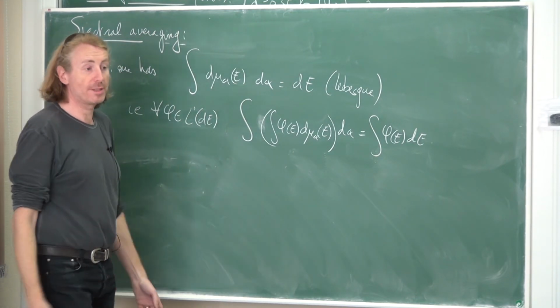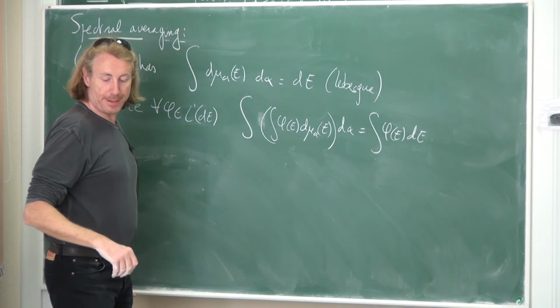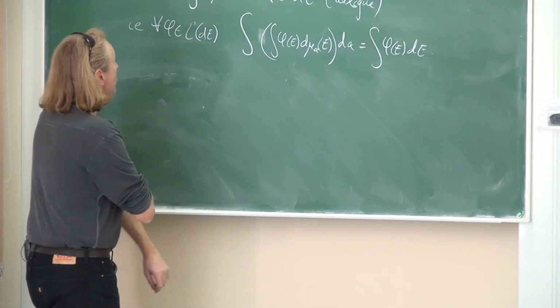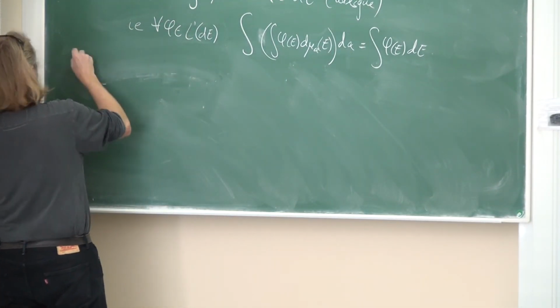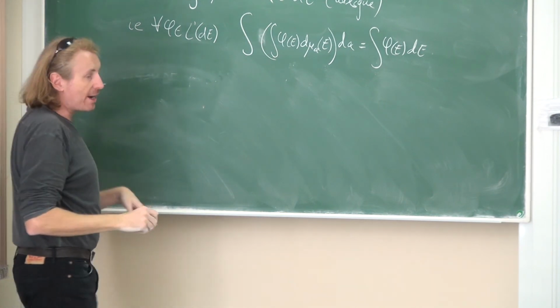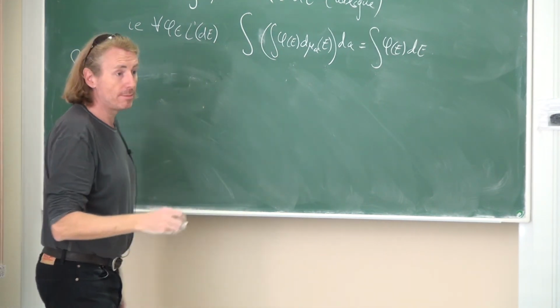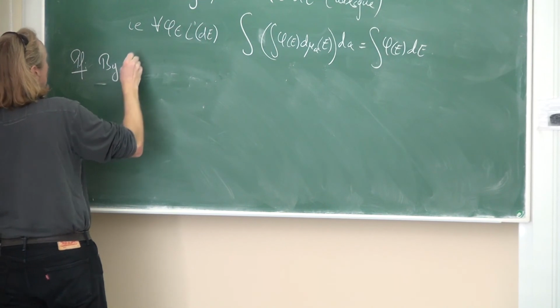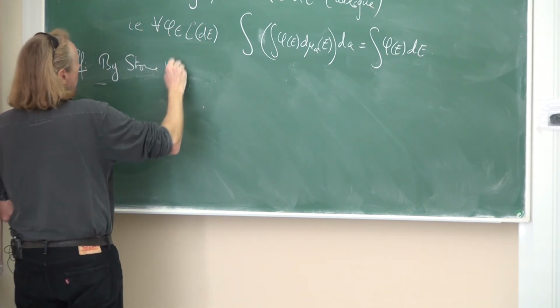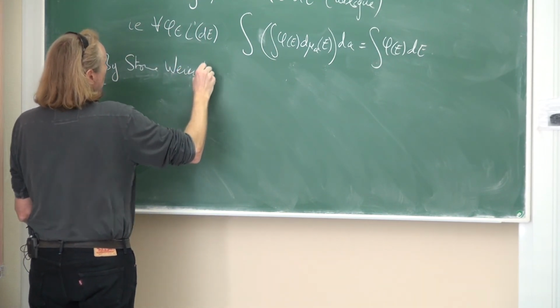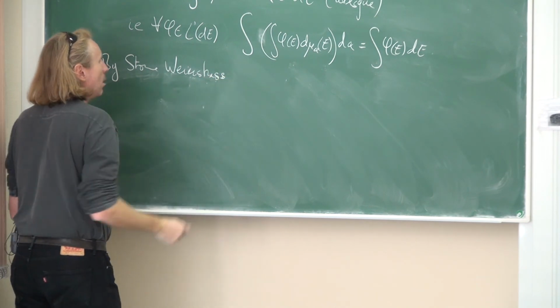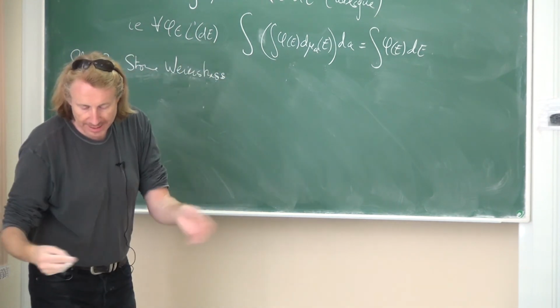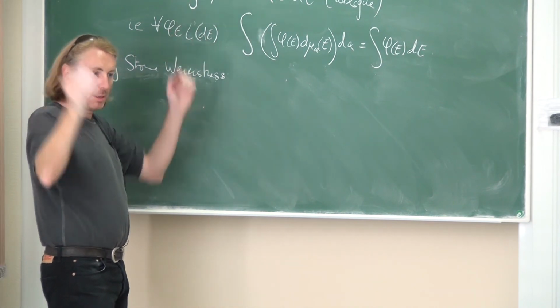Right, this is just another way of saying this. That is spectral averaging. So for the theorem, let's prove this. By Stone-Weierstrass, I can do it for a first continuous function and then extend it, just by the usual thing.